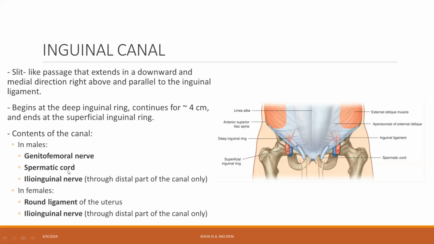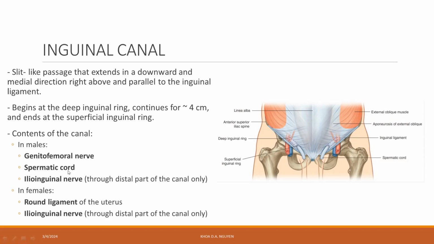So there's a lot of structure within the spermatic cord. And the spermatic cord will also contain the arteries and veins that take oxygenated blood to the testicles in the male, as well as taking deoxygenated blood away from the testicles, also in the male.